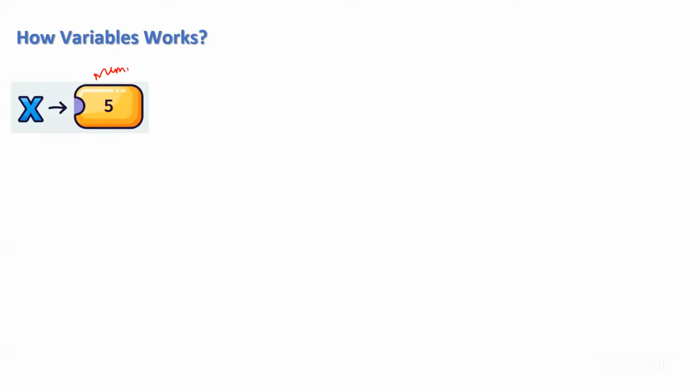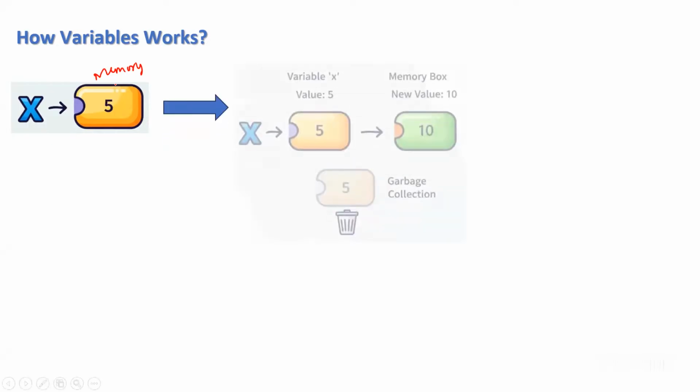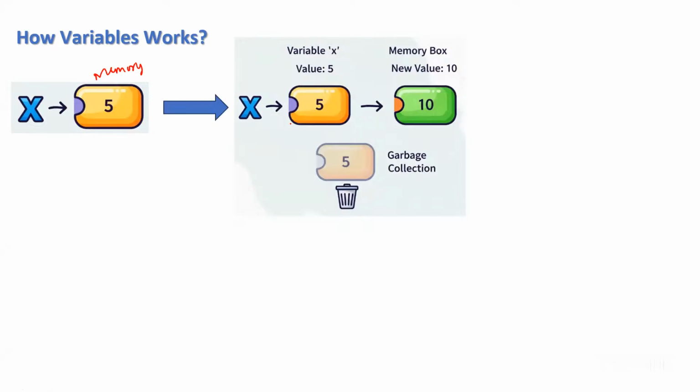Python creates a memory, a particular box, and assigns that particular value 5. Now, when you say x is equal to 10, it is not directed to this, it will be directed to here. And that particular box, there is something called a garbage collector inside your Python.